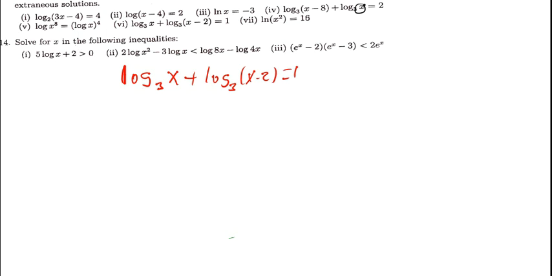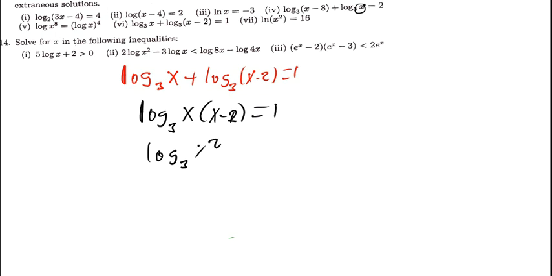The bases are the same, so I'm going to multiply them. So I've got log base 3 of x times x minus 2 is equal to 1. So this is log base 3, x times x is x squared, then x times negative 2 is negative 2x, is equal to 1.